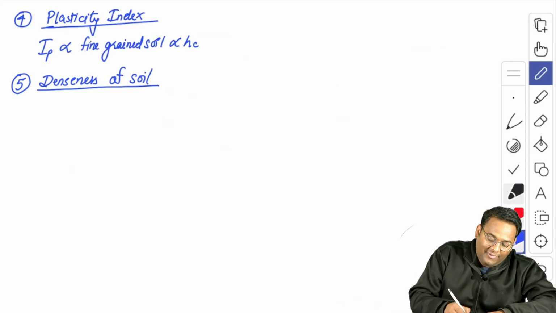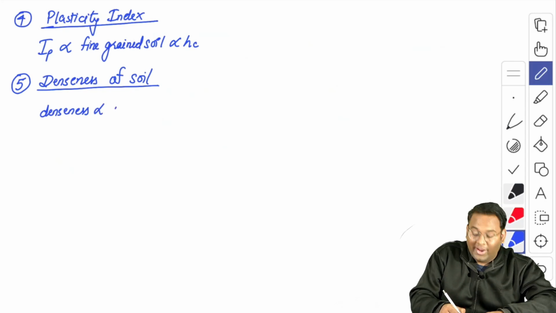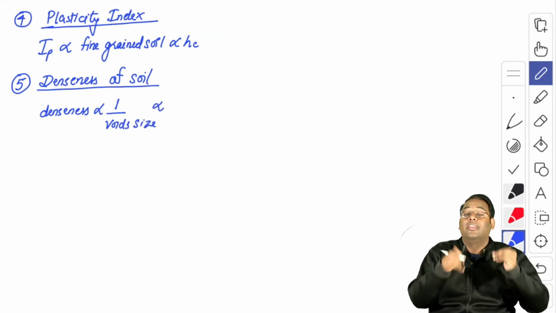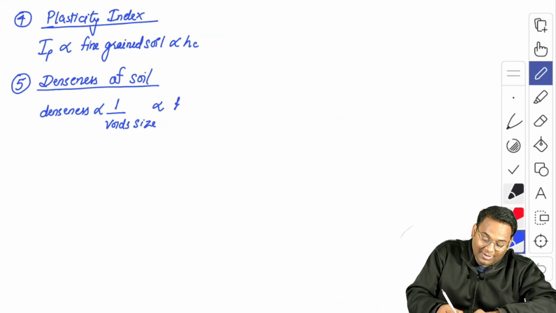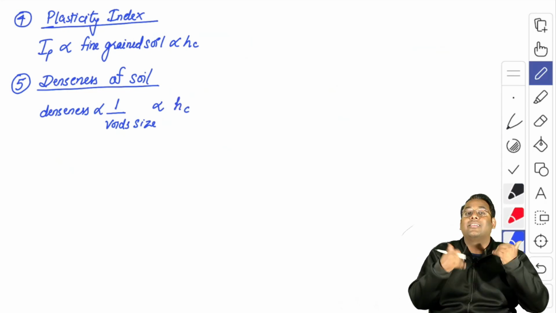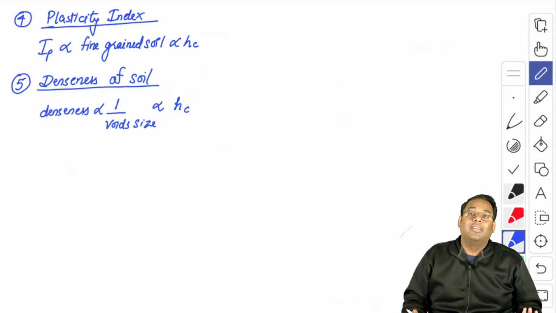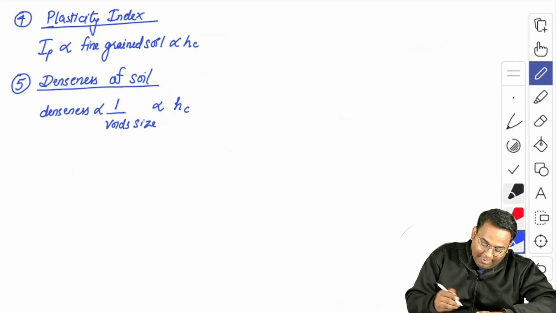So more is the denseness of the soil, smaller will be the void size. It will be inversely proportional to the void size. And smaller is the void, more will be the height of capillary rise. So in a dense soil, size of voids is small and hence the height of capillary rise will be more for such a soil.